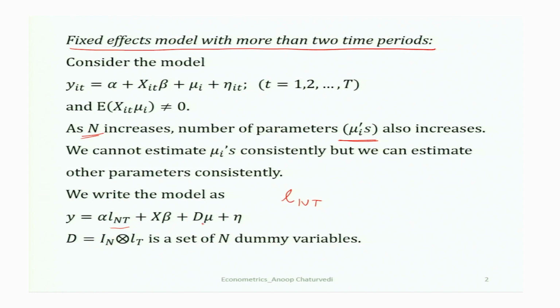Then this D is I_n Kronecker product L_t. So, this is actually a set of n dummy variables, or this is also a selection matrix. You select different components of mu using this selection matrix.